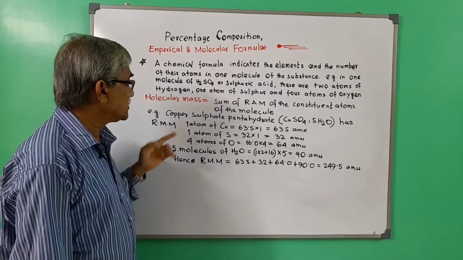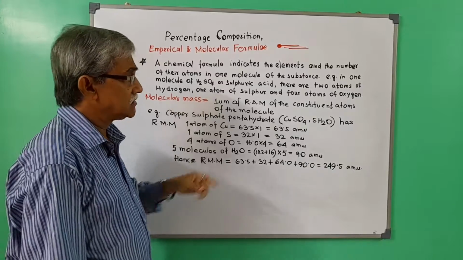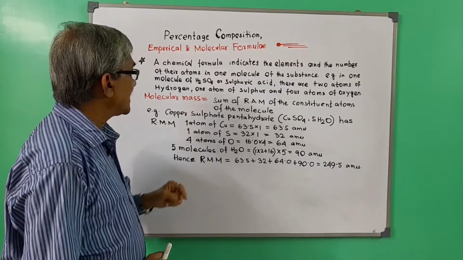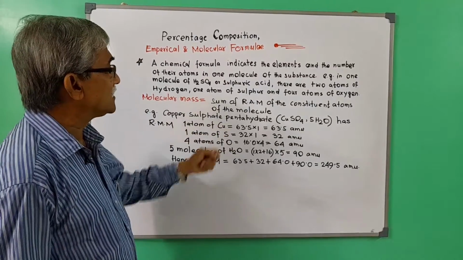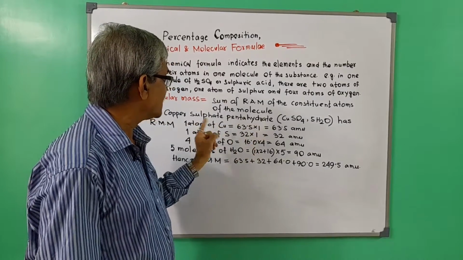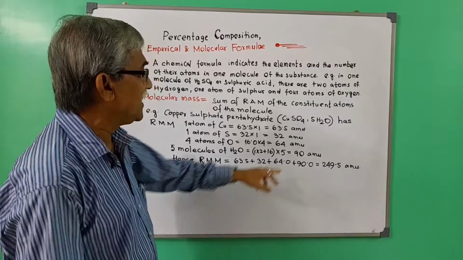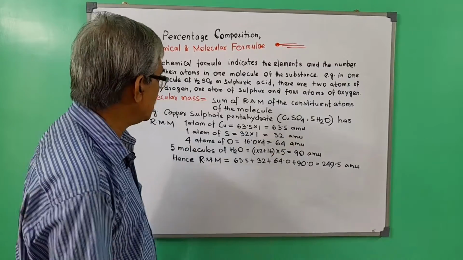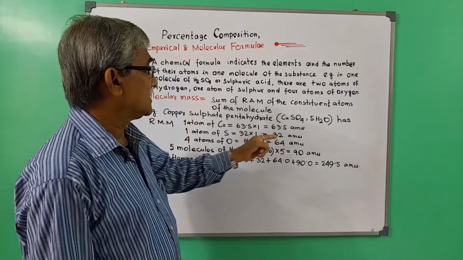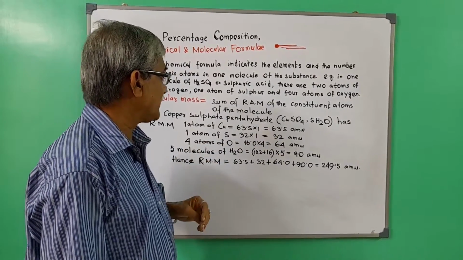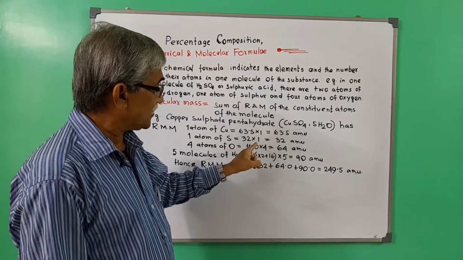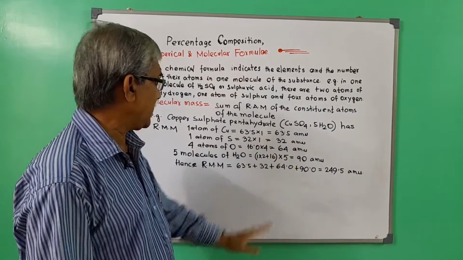For example, copper sulfate pentahydrate, CuSO4·5H2O, has the relative molecular mass: 1 atom of copper, RAM of copper is 63.5, and into one atom that is 63.5 AMU. 1 atom of sulfur, 32 into 1, that equals 32 AMU, and 4 atoms of oxygen, 16 into 4, that equals 64 AMU.